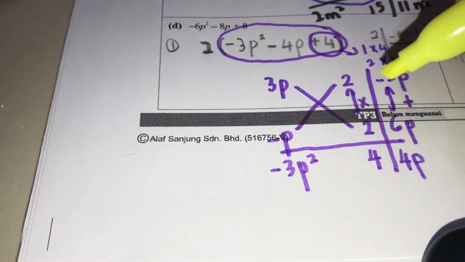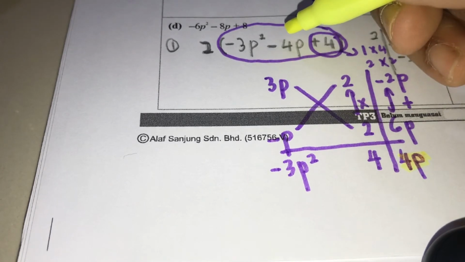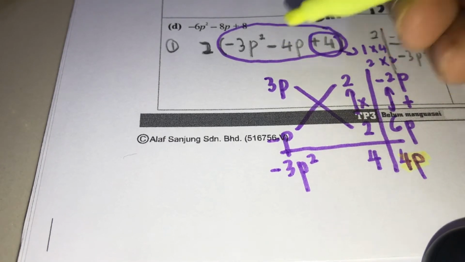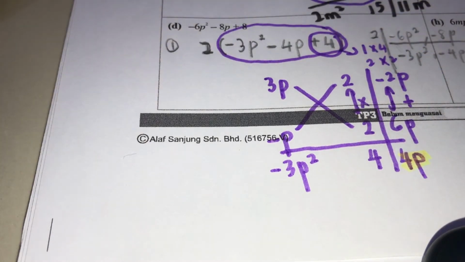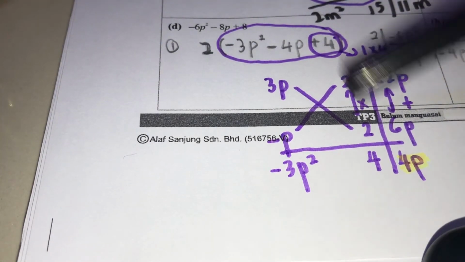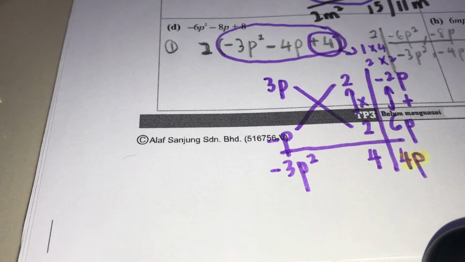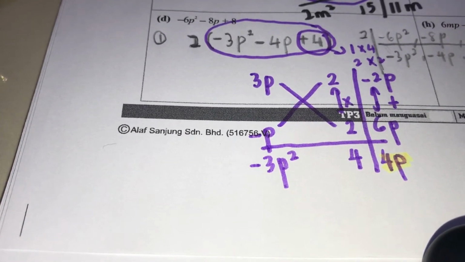Here 4p, here also. This one positive, but this one negative, right? So cannot. What you need to do, this one positive value, this one negative value, so put wrong. So you have to change the sign.